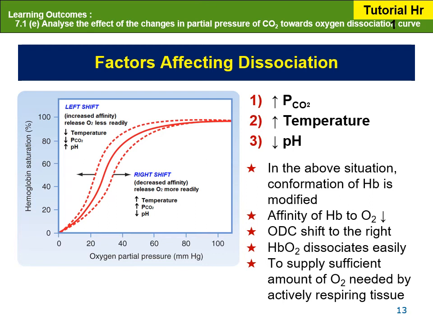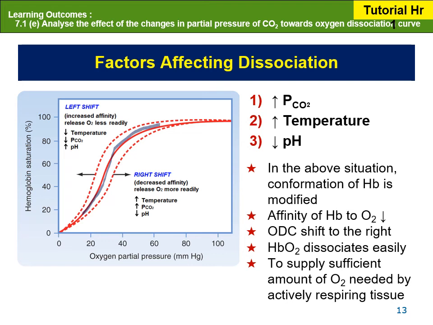If the partial pressure of carbon dioxide is high, also the temperature is high, so the pH will be lower. So in the above situation, the conformation of hemoglobin is modified, so the affinity of hemoglobin to oxygen pun akan decrease lah, akan berkurang. So di mana ODC kalian lihat the normal one di tengah ni.